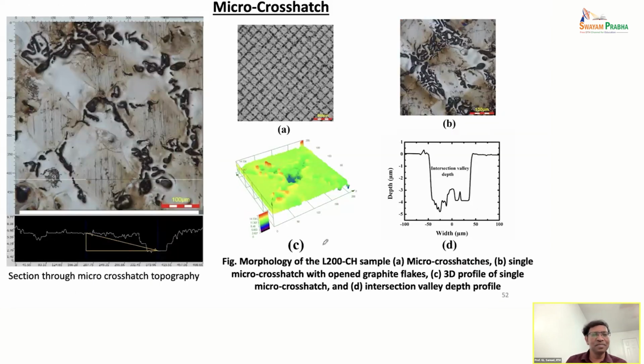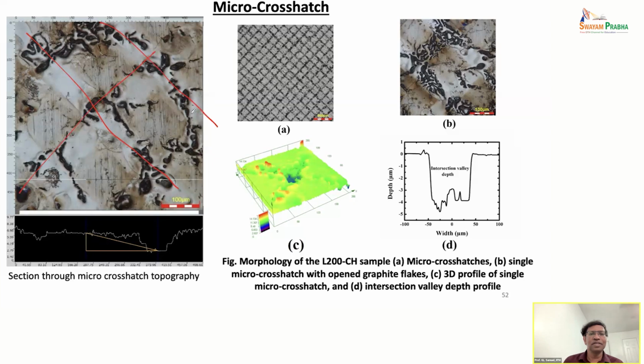This is the image where you can see that when we do the cross hatching, even the graphite is highly magnified. This is with a lower magnification. When you go for even higher magnification, this is the kind of texture we can see.